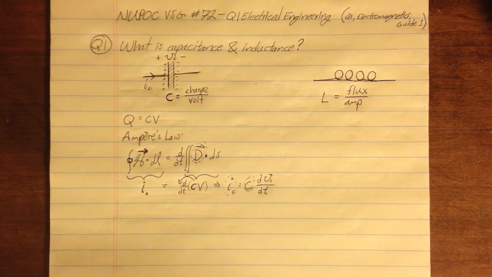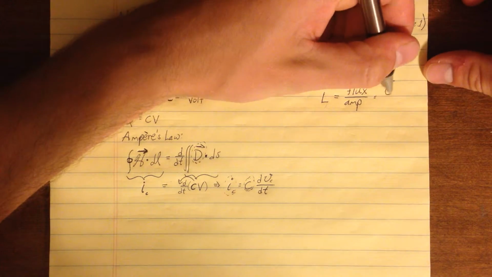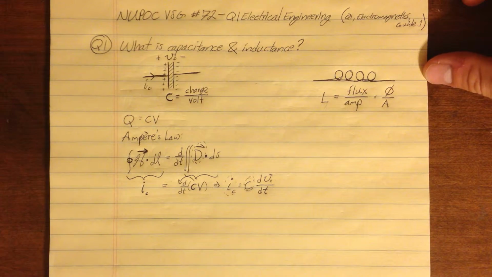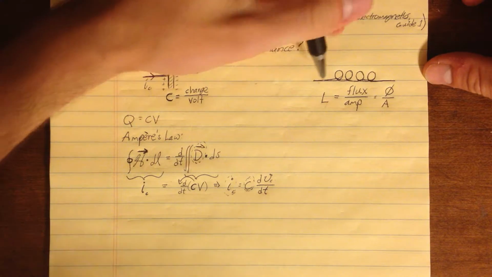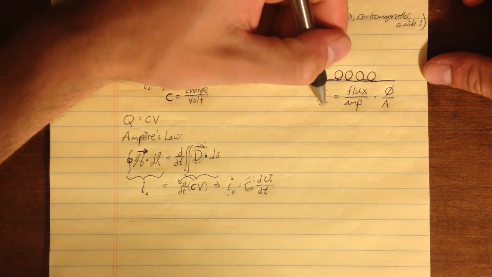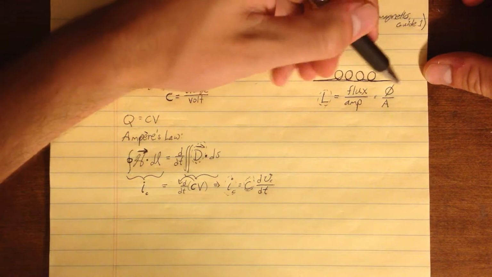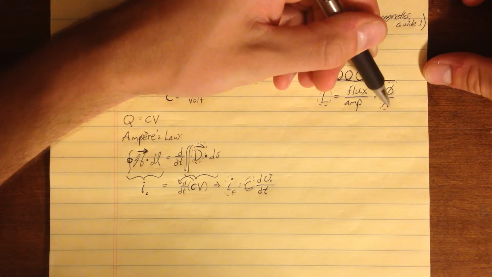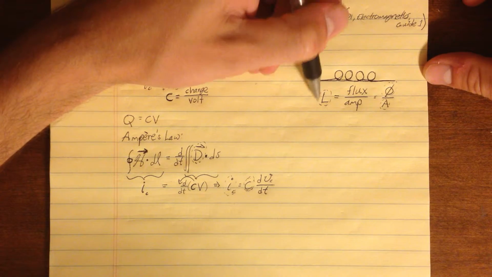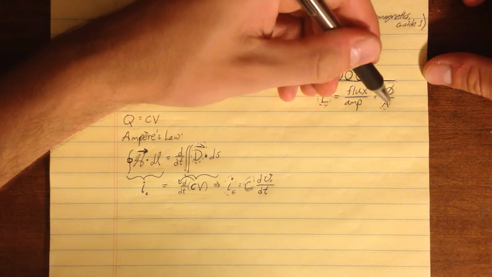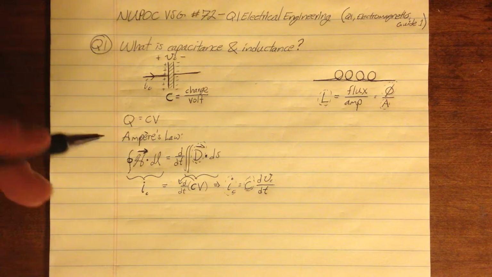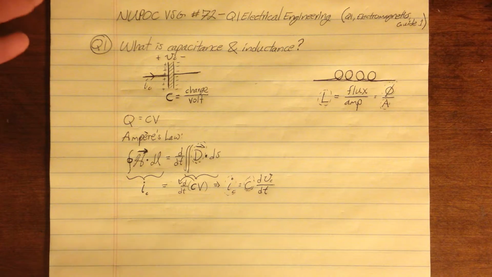We'll just say it's flux per amp, which we represent as phi per A. So what this means is, if we have a very large inductance, we will generate a lot of flux with just a small current. And if we have a very small inductance, then it will take a large current just to generate a small amount of flux.